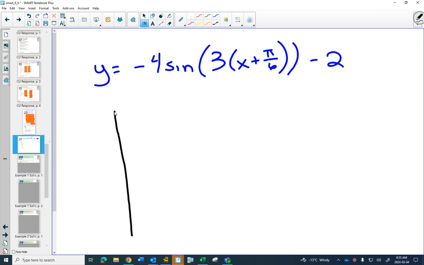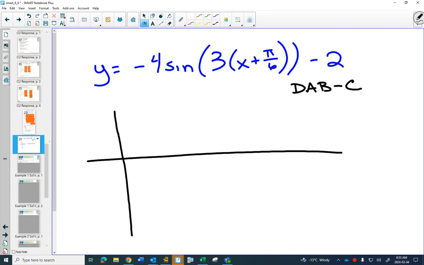Now sometimes you can do a little bit of pre-planning. The little bit of pre-planning that I did here is I looked at what my D value and my A value would be to figure out where I want to put my axes. Because again, I'll write DABC off to the side.